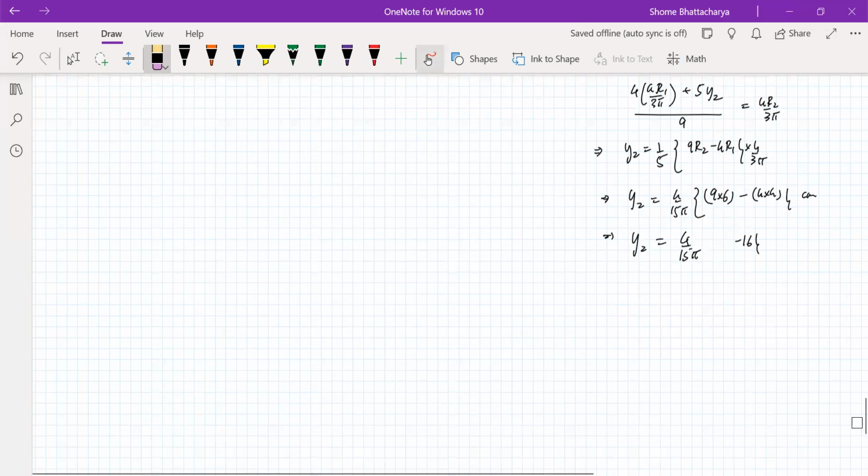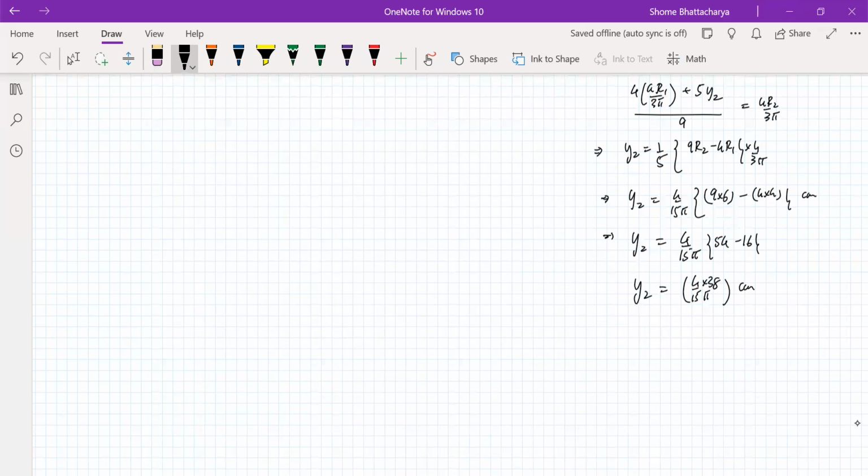So 54 minus 16 will give us how much? 38. So 4 by 15 pi into 38 centimeters. This is what the y coordinate will come out to be.